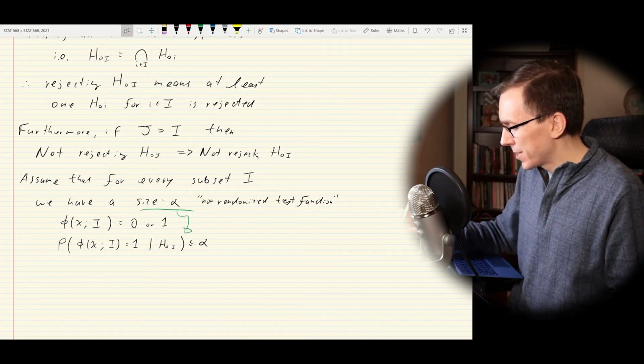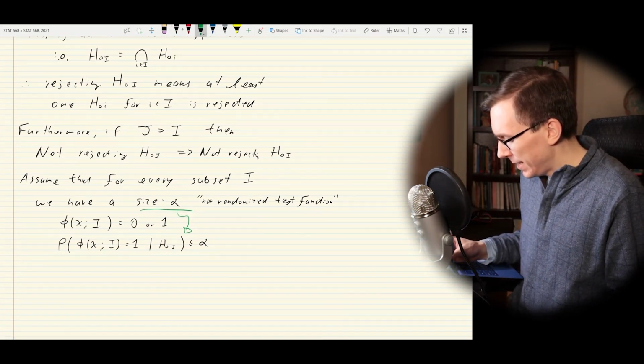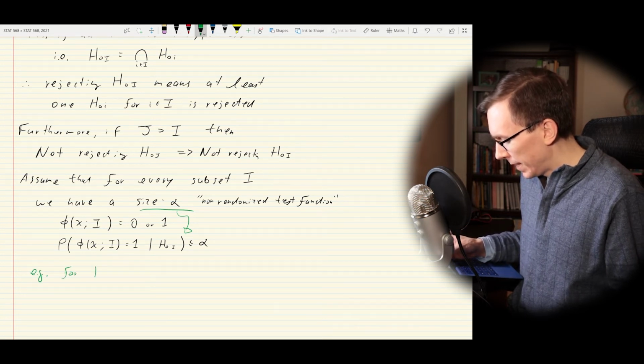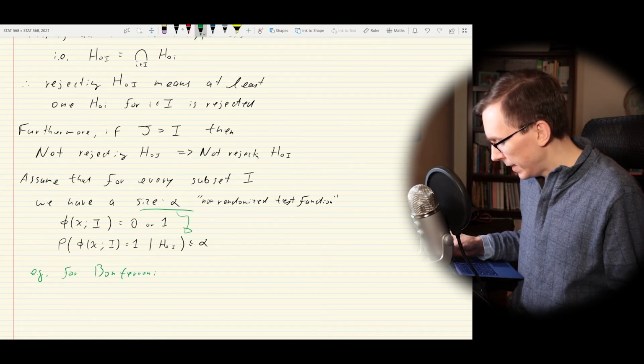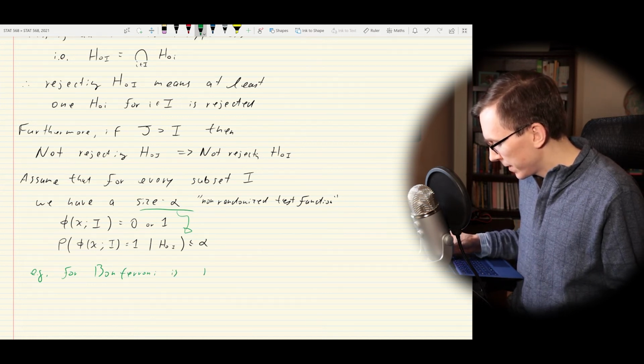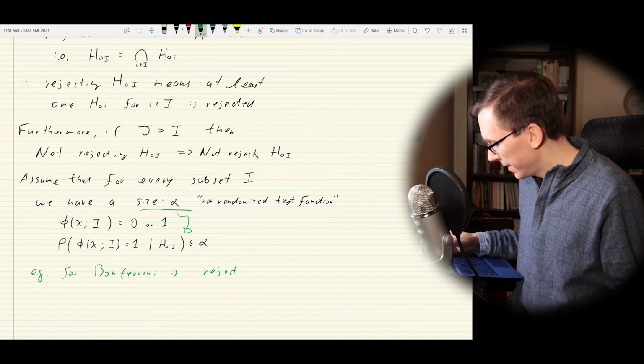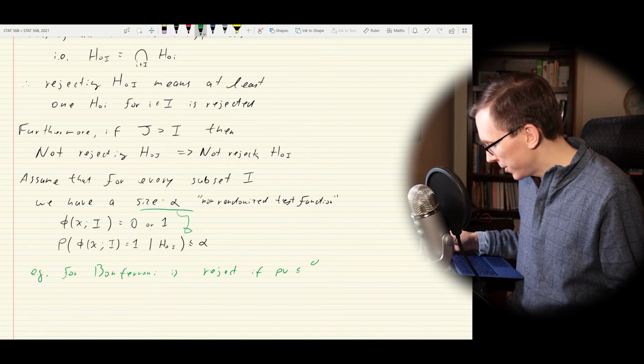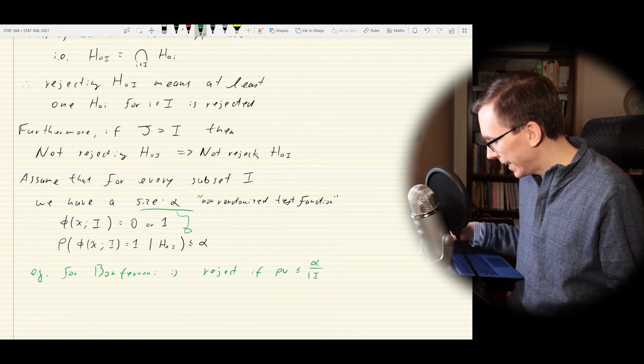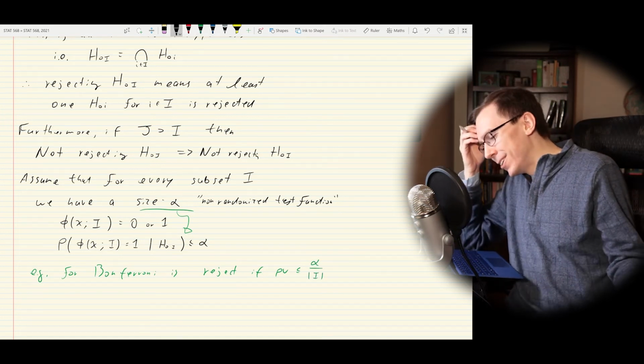So the assumption is that we have some non-randomized test function. The example to make this a little more tangible, let's say, for Bonferroni is reject if the p-value is less than or equal to alpha over the size of I. So that's really all it's saying.